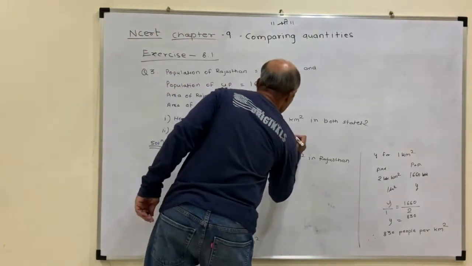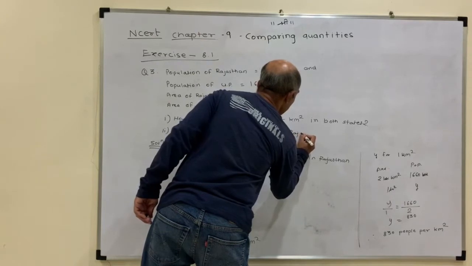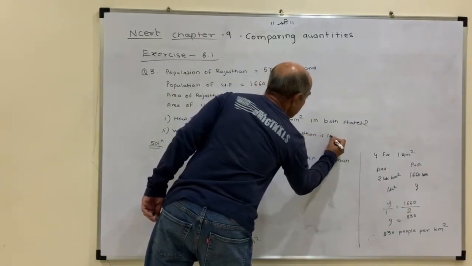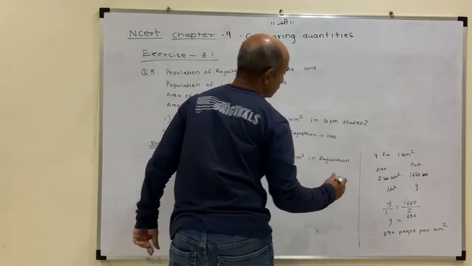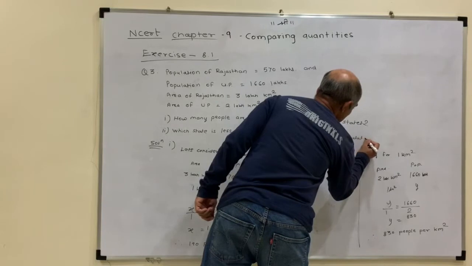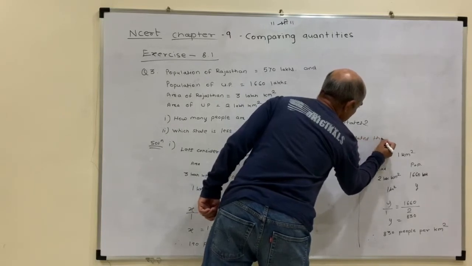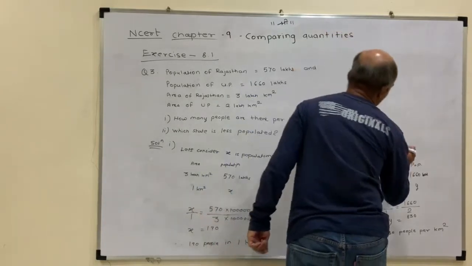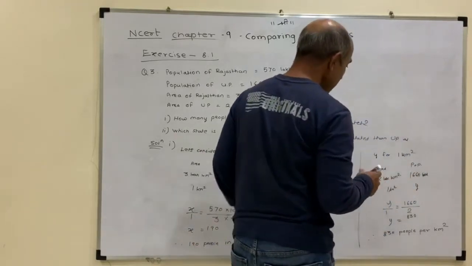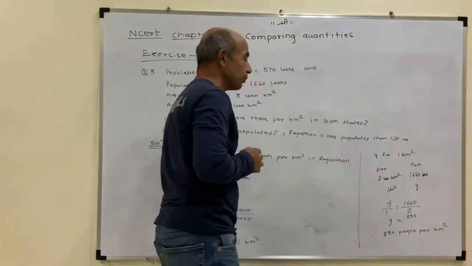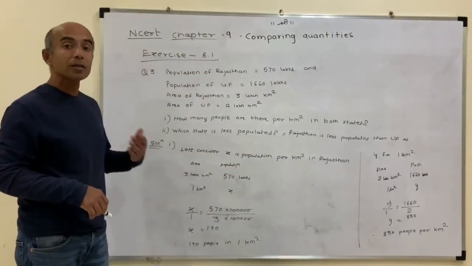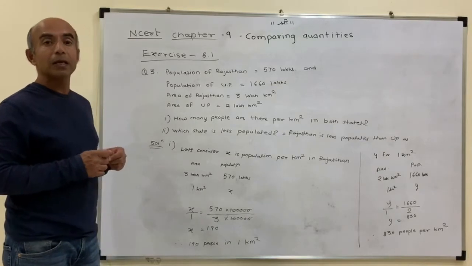So we say Rajasthan is less populated than UP, as there are 830 people per square kilometer in UP and 190 people per square kilometer in Rajasthan.